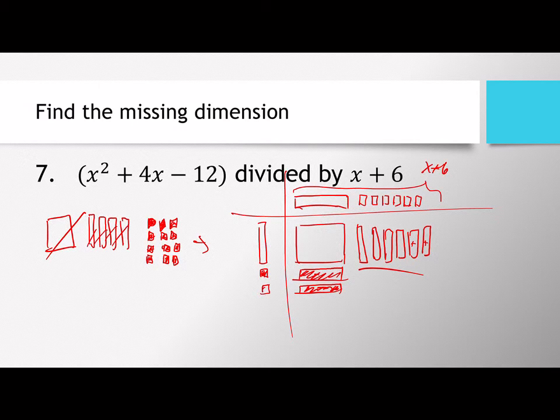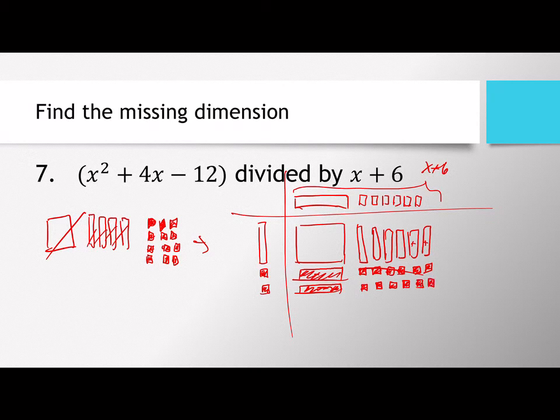And I need 12 units. So the negative 12 units are going to go this way because I need to arrange 12. It just so happens I have 6 units this way and 2 units this way. 6 units horizontally, 2 units vertically, and those 12 units are going to be distributed in this way so they'll match up.